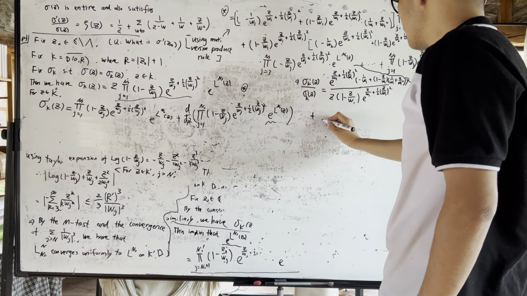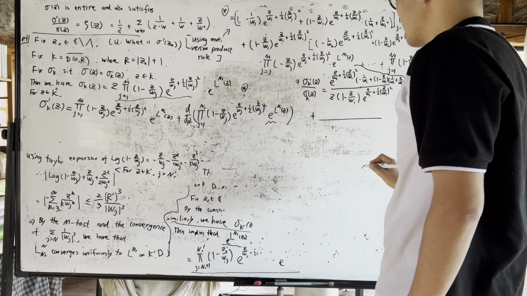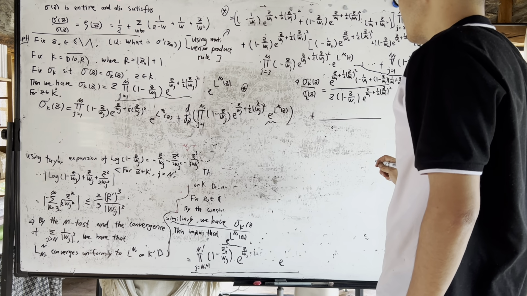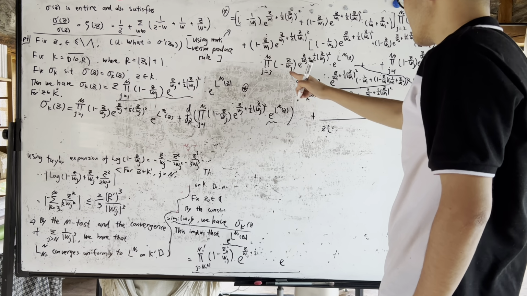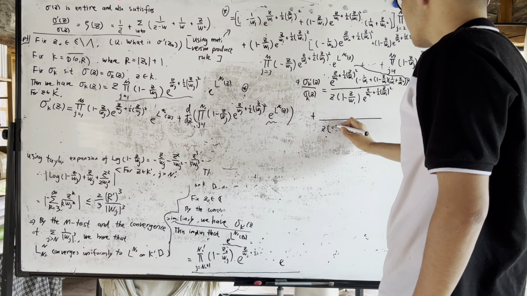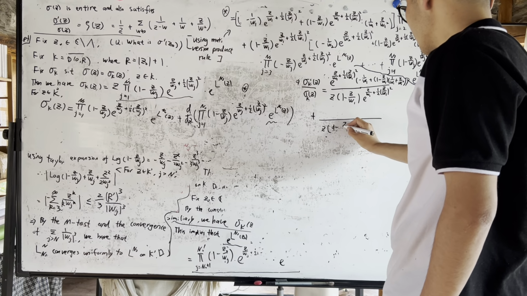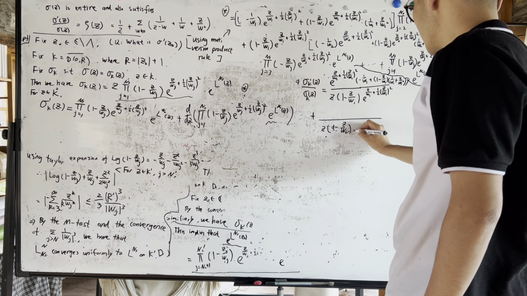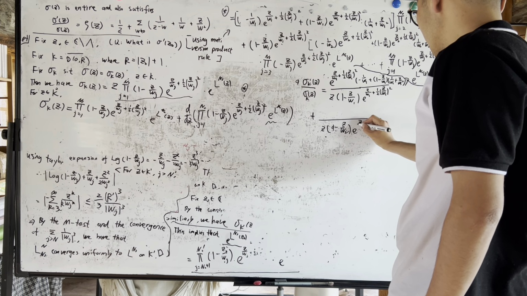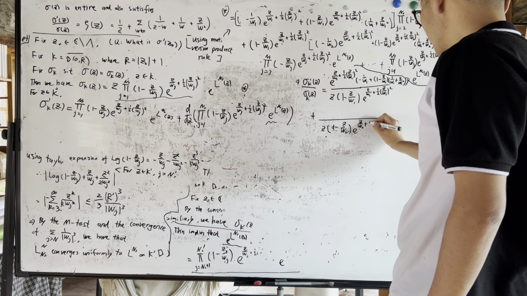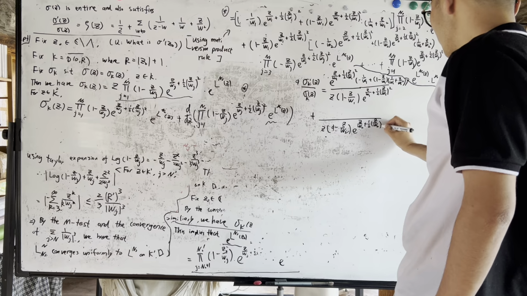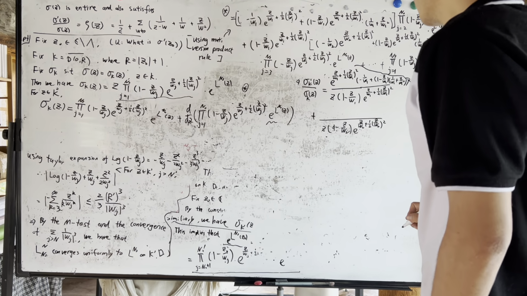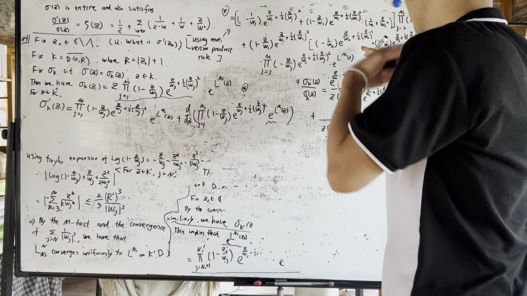So when we divide the whole thing, what's left is just z times the second one, so 1 minus z over omega 2 times e to the z over omega 2 plus 1 half z over omega 2 squared. And then same thing.